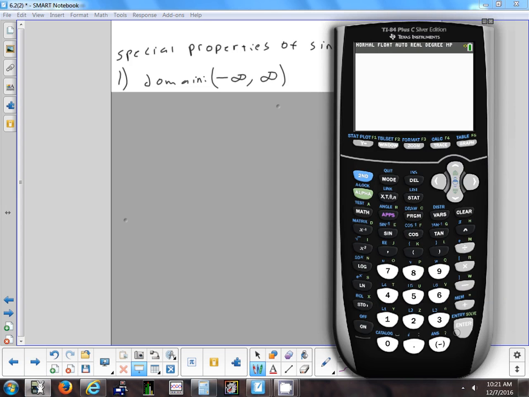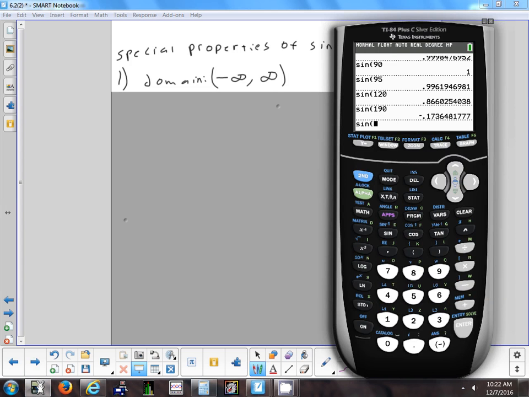Let's take the sine of 10 degrees, sine of 59, sine of 87, sine of 89, sine of 90. Sine of 95. It never is going to go above 1. Sine of 120. Let's go sine of 190.